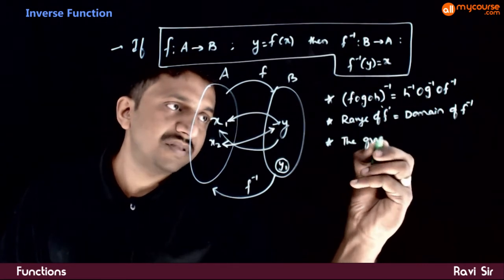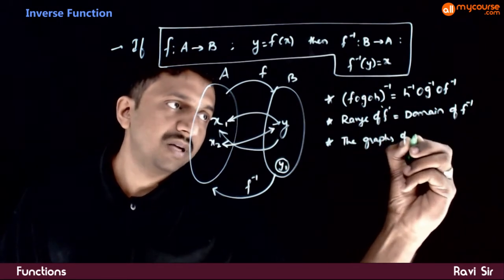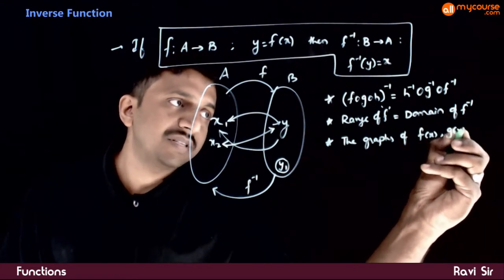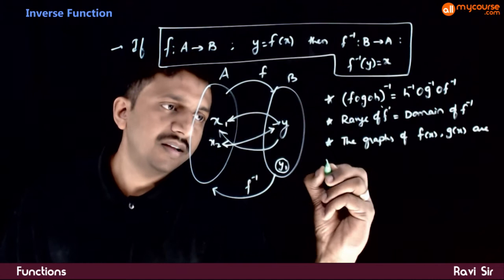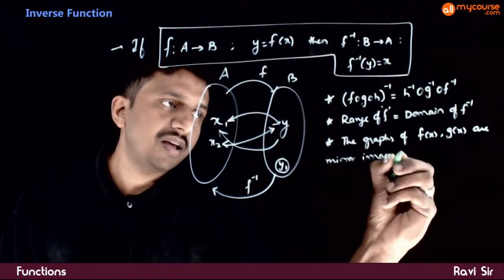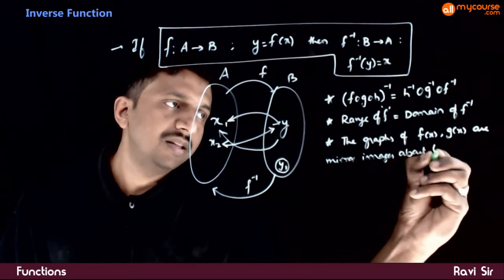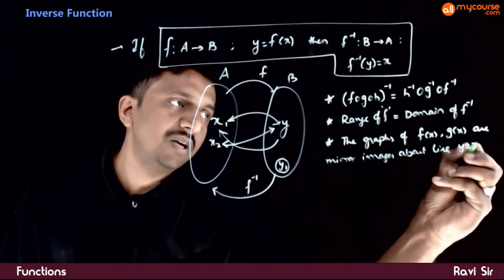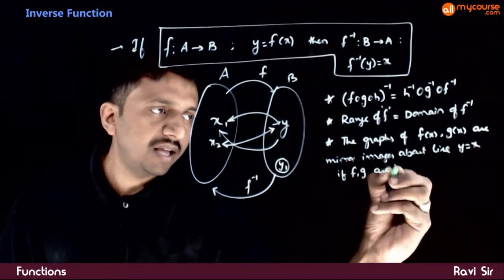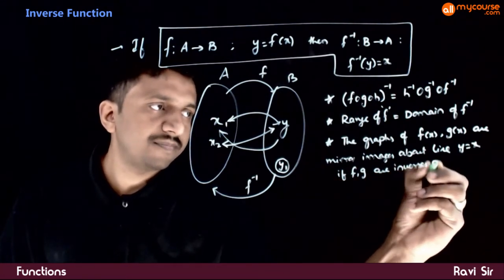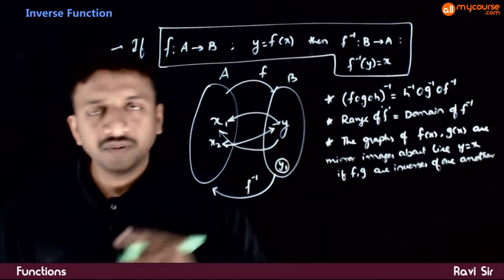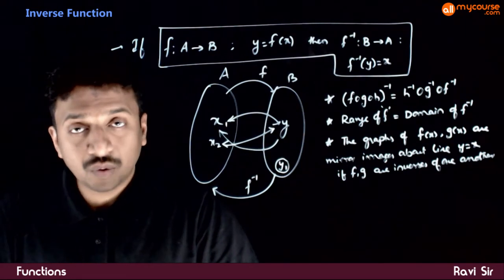The graphs of f of x and g of x are mirror images about the line y is equal to x if f, g are inverses of one another.